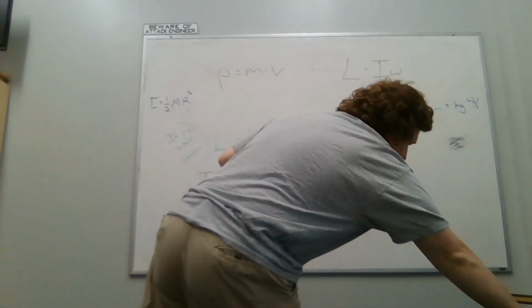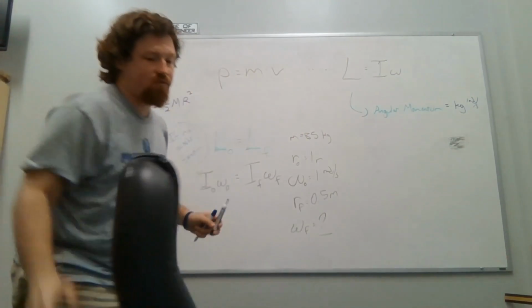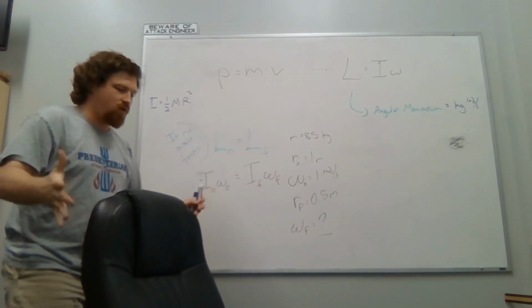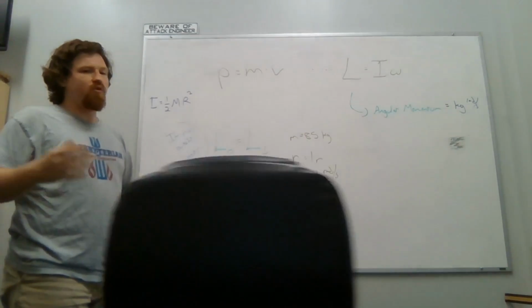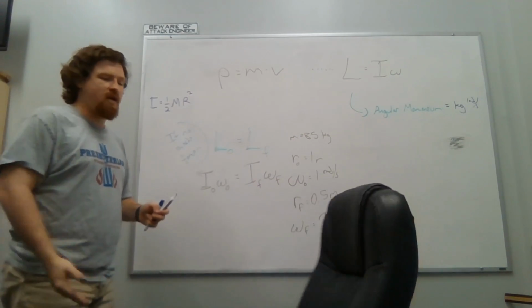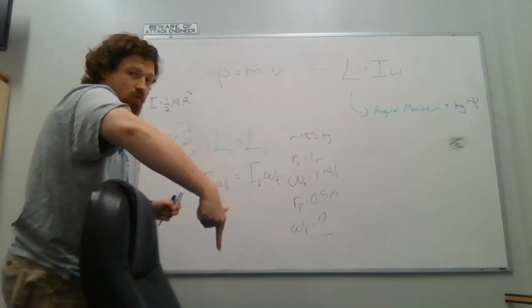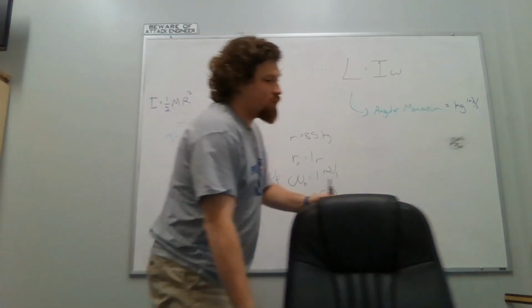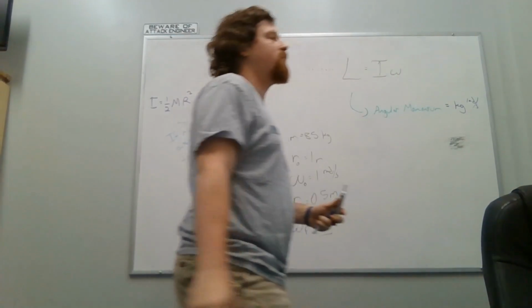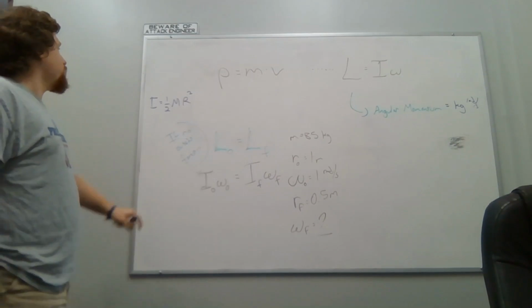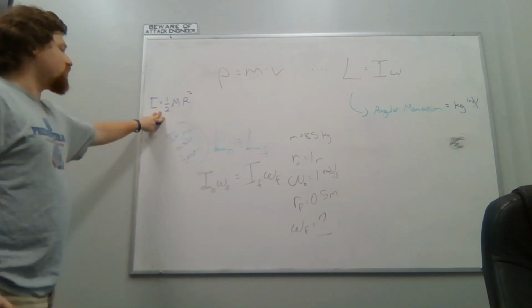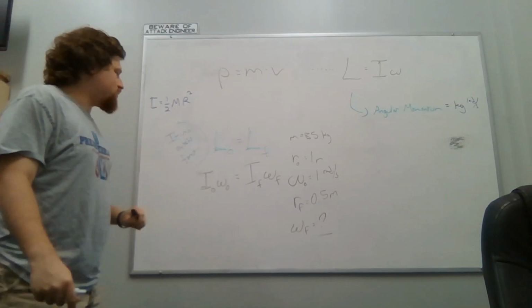I'm basing my assumption on the shape by looking at this chair when I spin it: out of all these shapes, it's forming a more cylinder shape, and it's rotating about its central point. So we're going to assume that this person's moment of inertia is akin to that of a cylinder. So this is the formula for moment of inertia we're going to plug in on each side.